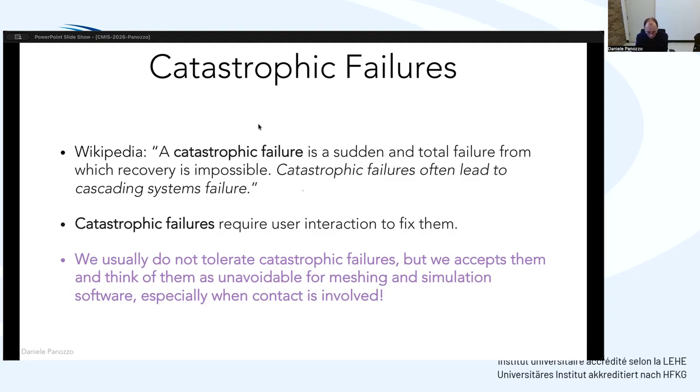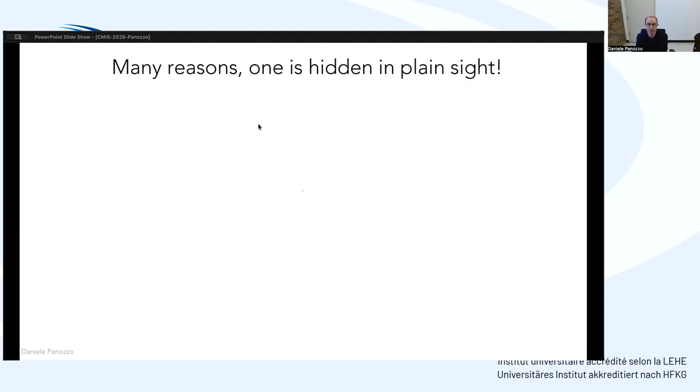There are many reasons for this. One of them, which I think is rarely discussed but is an important one, is that it's very natural to develop methods and prove results using real numbers.